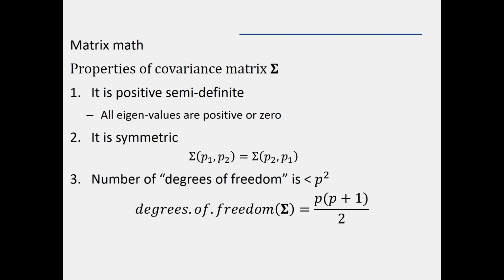A covariance matrix is always symmetric, and because it's symmetric, it's easy to see that the number of degrees of freedom is less than the dimension squared.